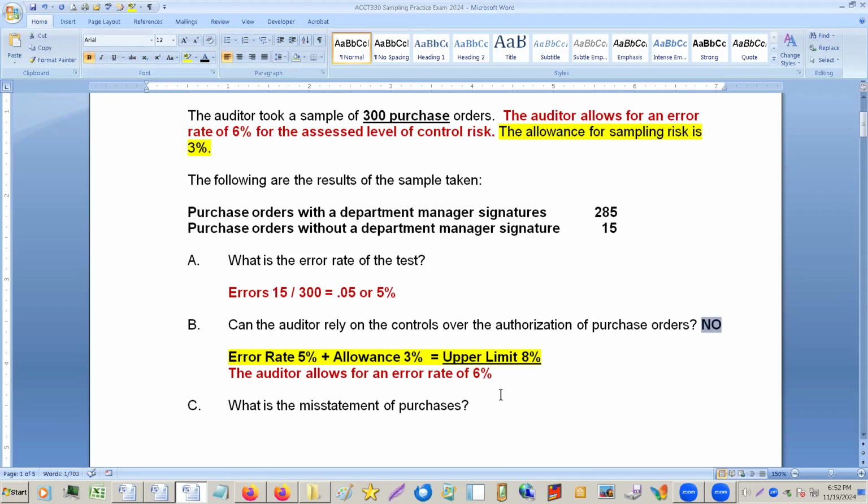Because the upper limit is more than the, let me write that in. No. The upper limit, 8%, is higher than the allowable 6%.